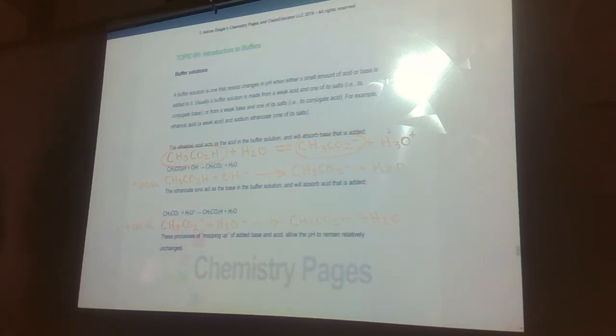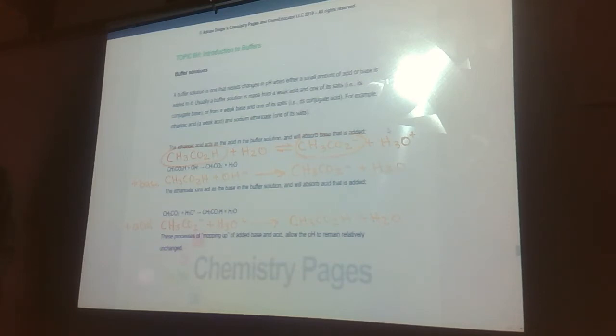So that buffer action keeps us alive, basically. Because we drink orange juice, we drink soda, like our body ingests all kinds of acidic and basic things, sometimes to extreme amounts, and your blood buffers it and keeps you from dying, basically.